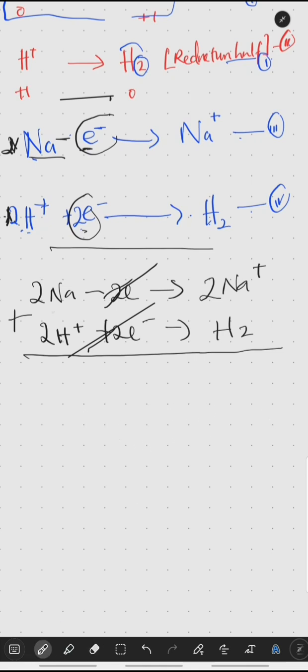Now from here, I have 2 sodium atoms plus 2 hydrogen ions to give 2 sodium positive plus hydrogen gas.